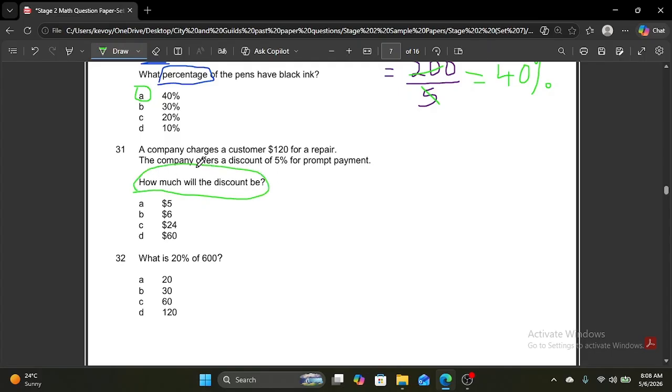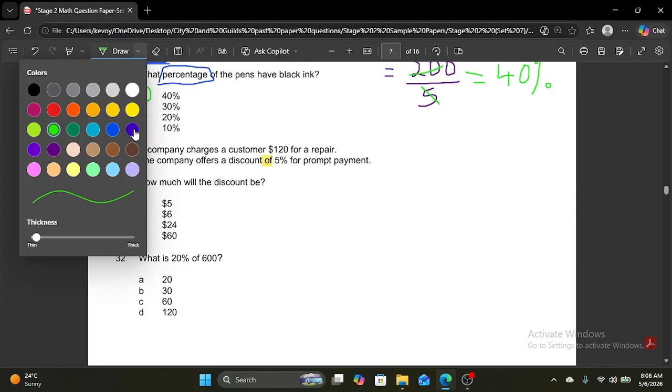It's not asking us to find the final price, but just to find what is 5% off 120. And if you realize, the word off keeps coming up, so remember, whenever you see off, it means that we're going to have to multiply.